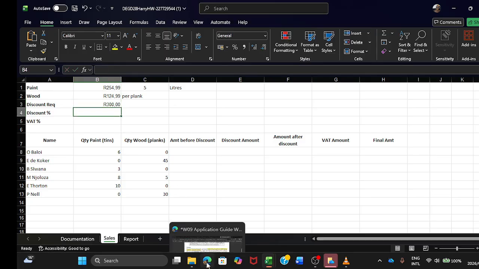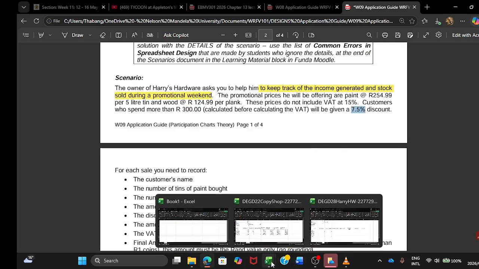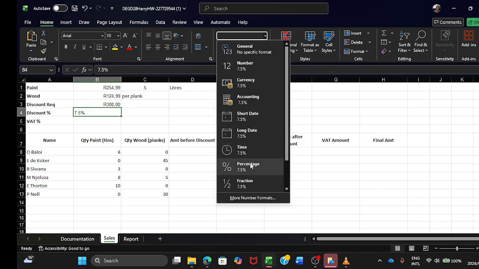Then the discount amount that you're going to give if the person spends more than 300 is 7.5%. So we're going to take this 7.5% and put it here. Let's take it to the percentage.